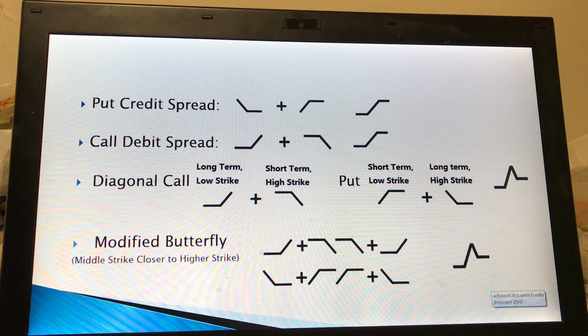So the call debit spread is using a different direction. However, our goal is to have these two call options expire fully in the money. So both your lower strike price and the higher strike price will be in the money.